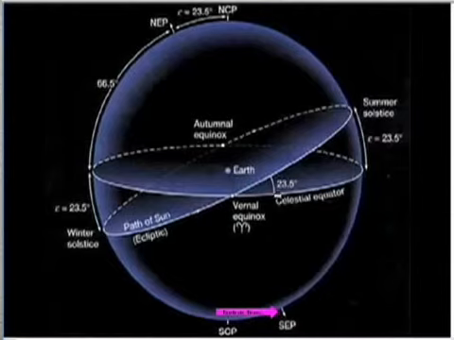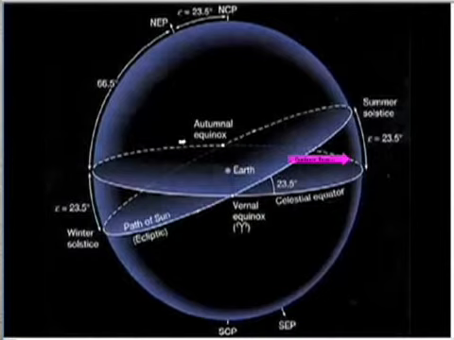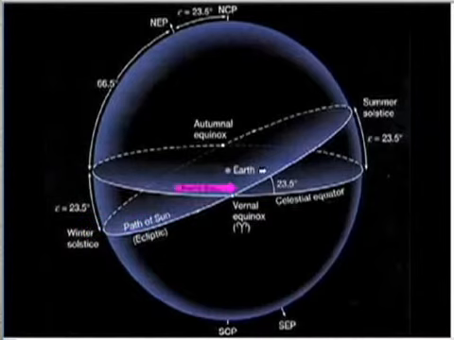So here's the celestial equator. And here's the ecliptic. 23.5 degrees apart at their widest. Okay? But you see there's a place where they cross. They cross here and here.